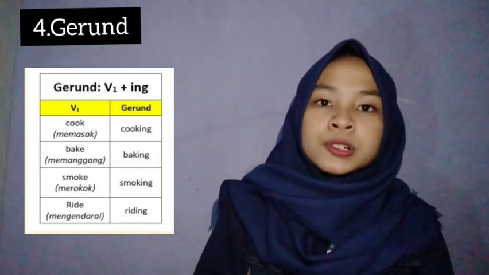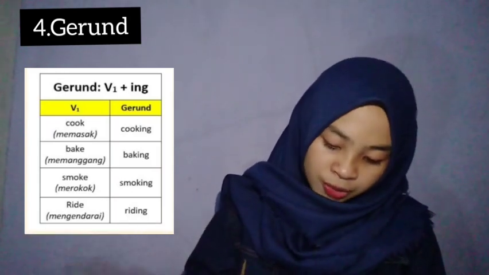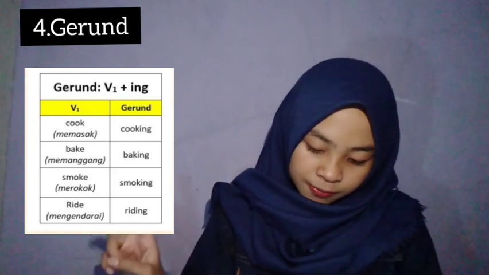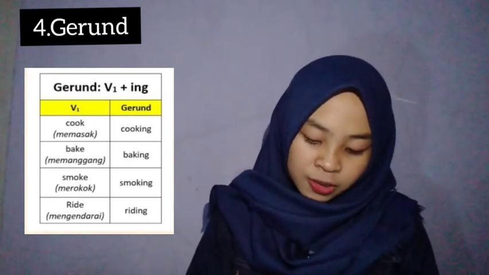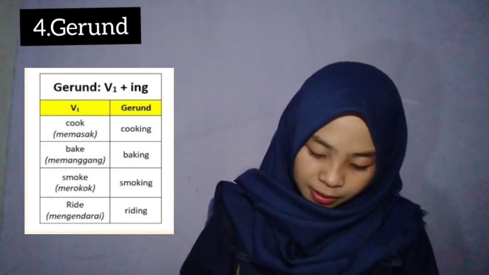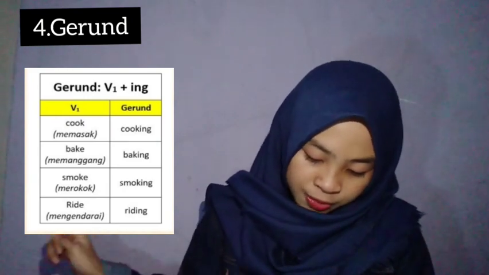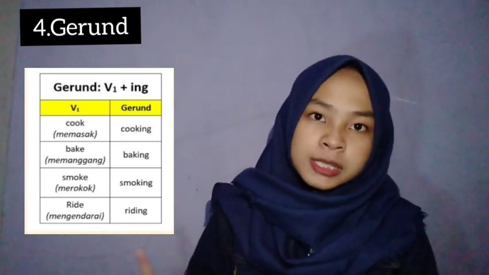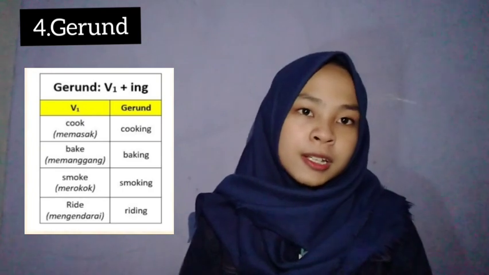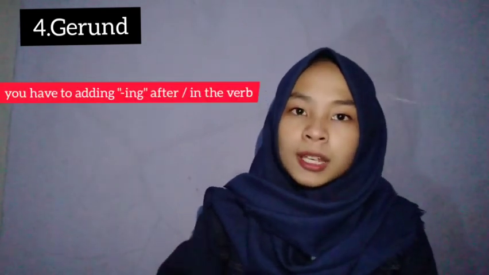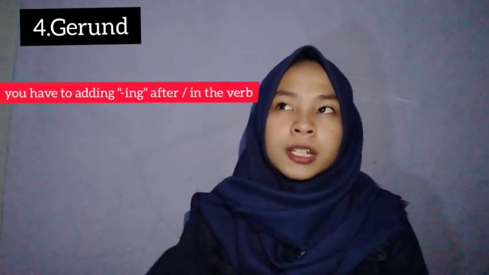Verb 1 is cook, so the gerund is cooking. Then bake, gerund is baking. The verb is smoke, the gerund is smoking. The verb is read, the gerund is reading. You have to add ing to the verb.